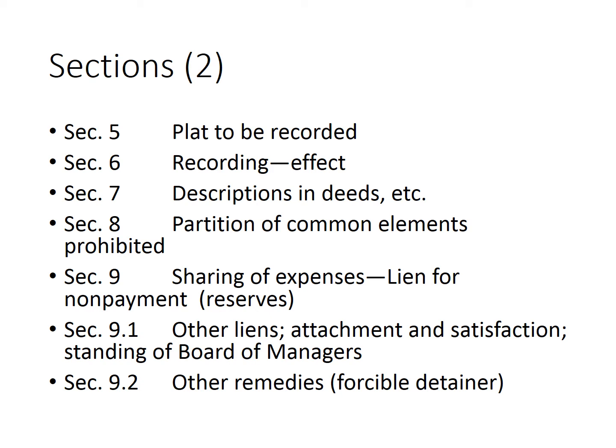The reason it can cause problems is that if the association authorizes work to be done and then doesn't pay, each unit owner is deemed to have authorized the work and consented to it. And so the lien does not go against the common elements. The lien goes against the units, the owners' units, which ultimately, if you think about it, really adds up to the value of the entire project.